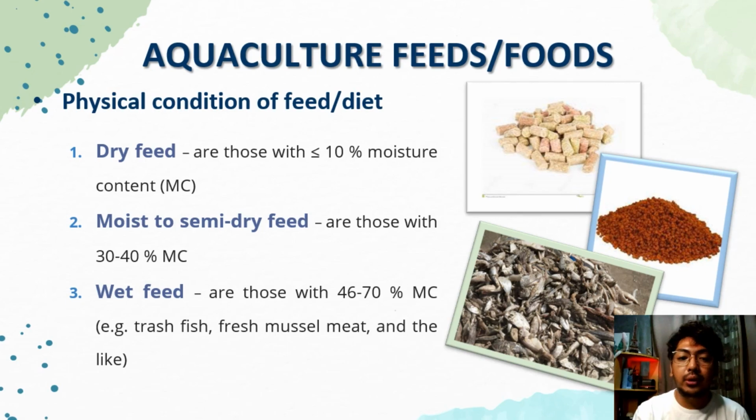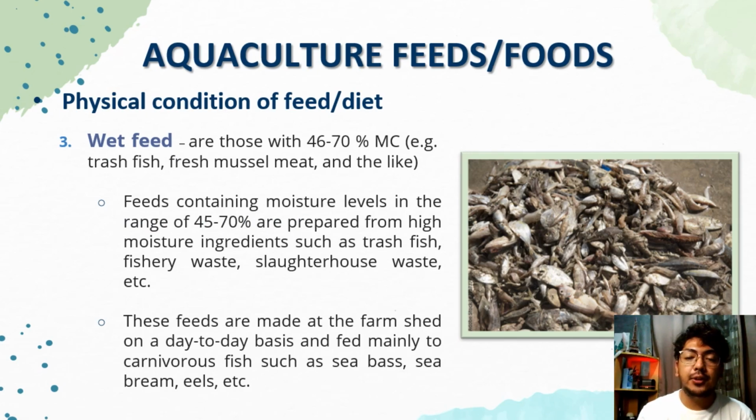An example would be the trash fish, the fresh mussel meat, and the like. These wet feeds usually go bad easily since they are meats from slaughterhouse waste, from fishery waste, or mussel meat. That is why these feeds are made at the farm shed on a day-to-day basis and fed mainly to carnivorous fish such as the sea bass, sea bream, eels, and etc.